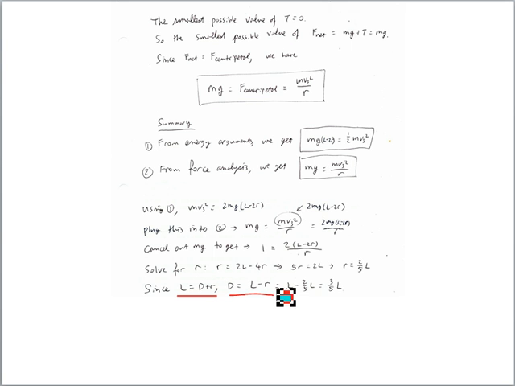And since r is equal to 2/5 L, let's plug that in to get d equals L minus 2/5 L, and that's just equal to 3/5 L. Finally, that tells us that d divided by L is equal to 3/5.